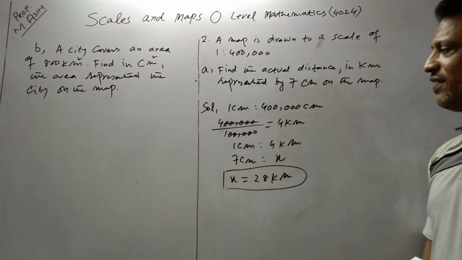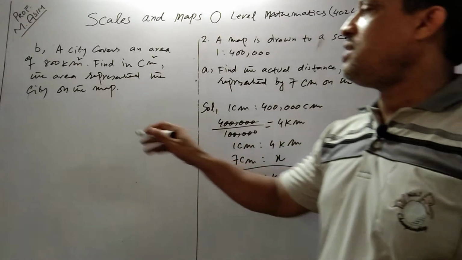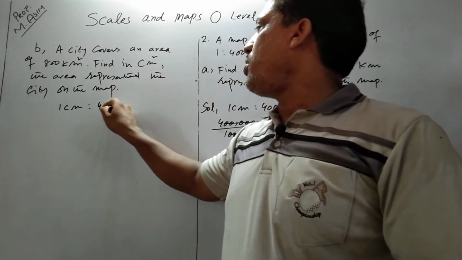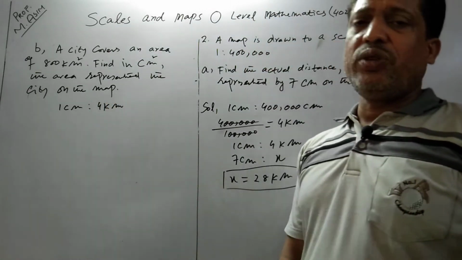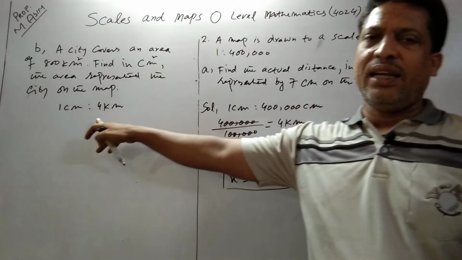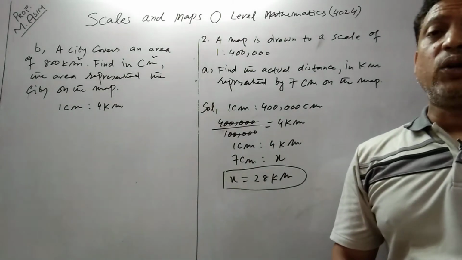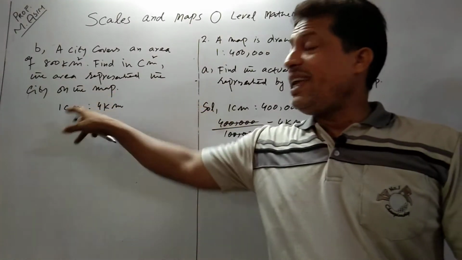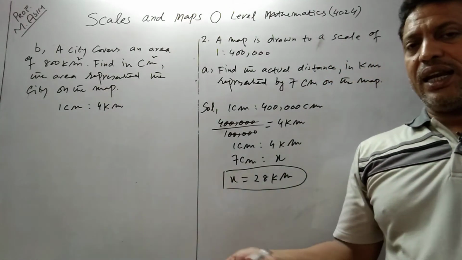What scale is given? The scale is 1 centimeter is 4 kilometer. So students, this is a linear scale and the question is related to area scale. So first we need to convert this linear scale into area scale. How to convert?